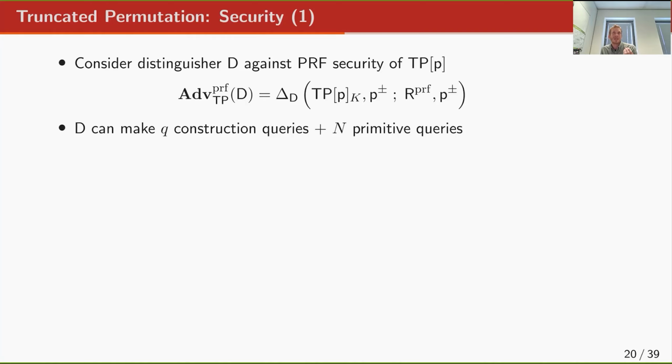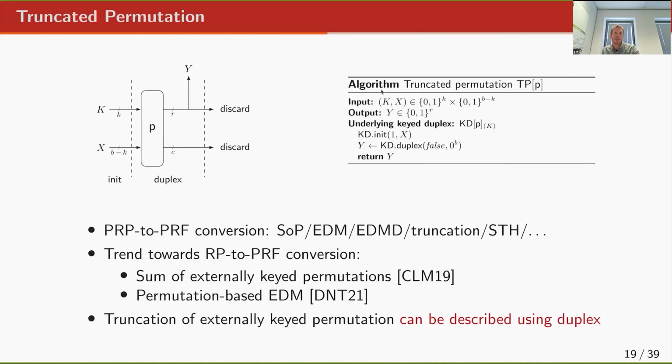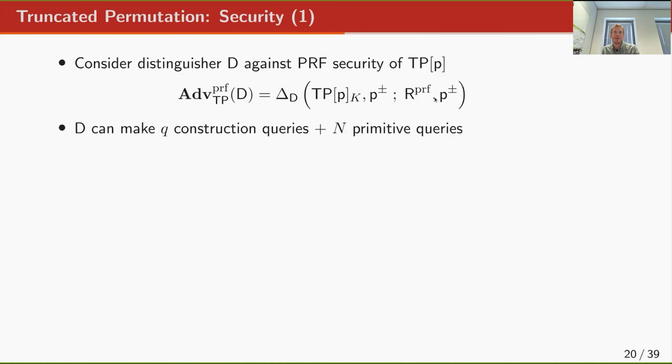So we have a distinguisher D who can make Q queries to the truncated permutation of the previous slide. It can make N primitive calls to the permutation, either forward or inverse. And it has to distinguish this truncated permutation from random. So how can we prove this?